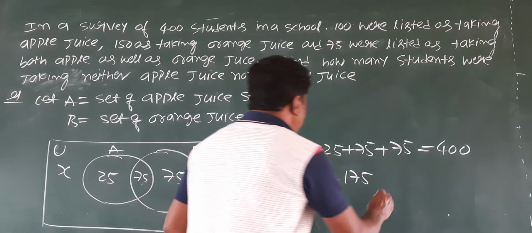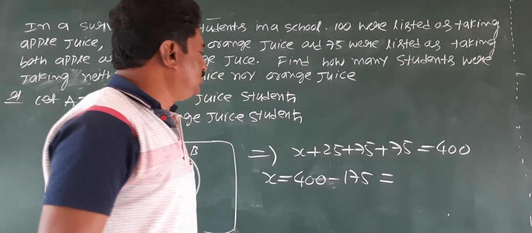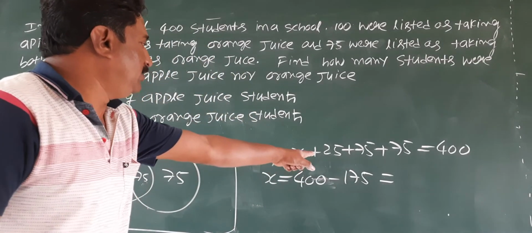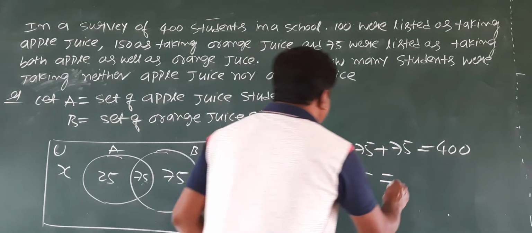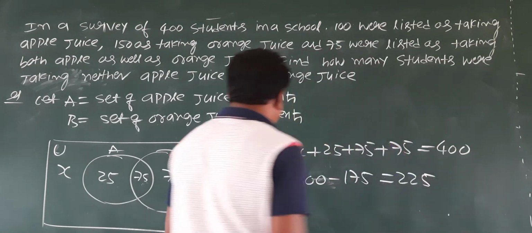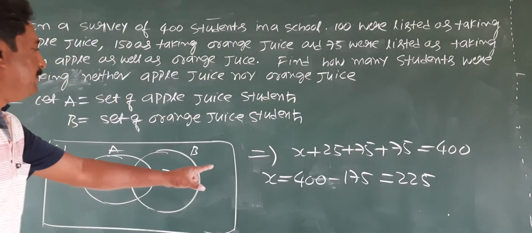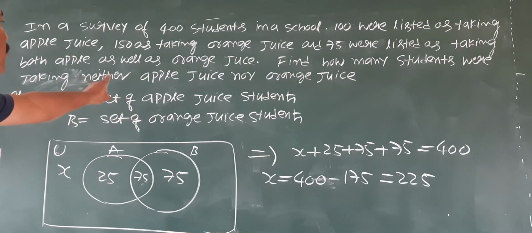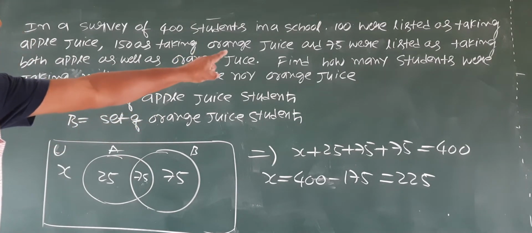How much is 400 minus 175? It is 225. X means people who do not like to have apple juice or orange juice.